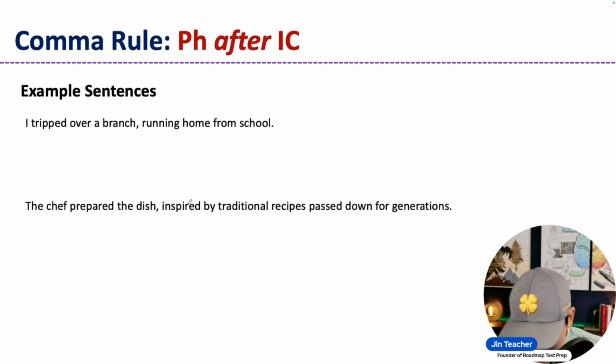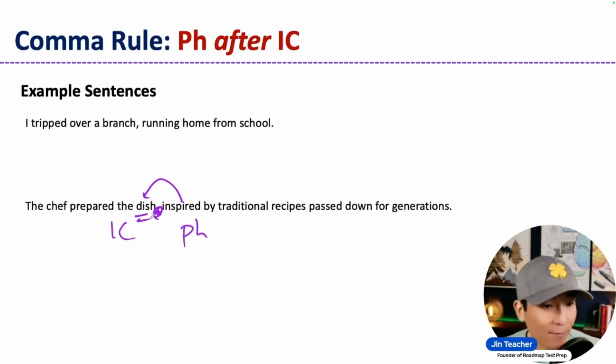So this is why you have to put the comma here between your independent clause and your past participle phrase. Why? Because if you don't have the comma here between a dish and inspired, then this would indicate that the dish was the one that was inspired by recipes. But that doesn't make any sense. How can the dish be inspired? The dish can't be inspired by recipes.